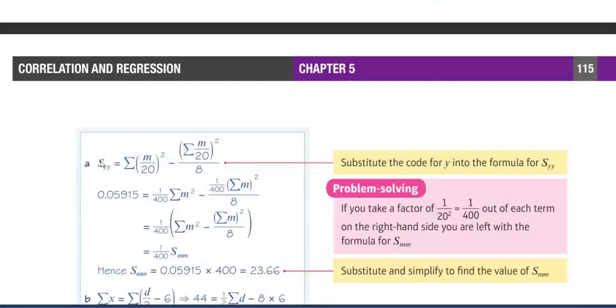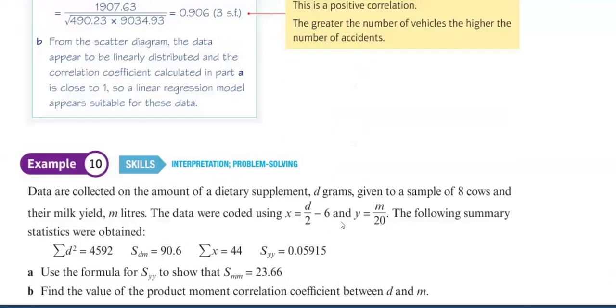But this formula contains sigma y squared, like that. But you can use this formula because sigma y, we don't know. But using this formula, you can find sigma y.